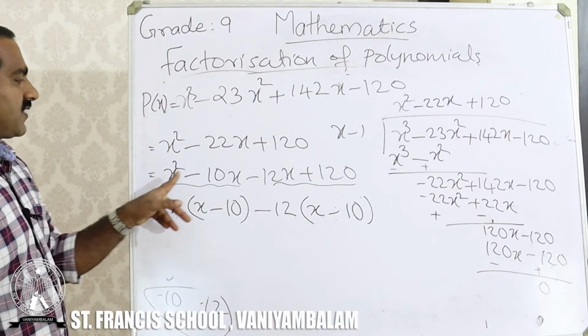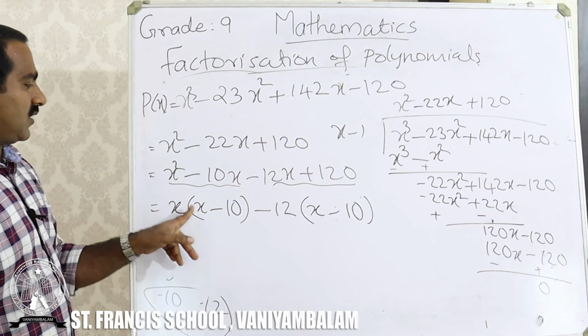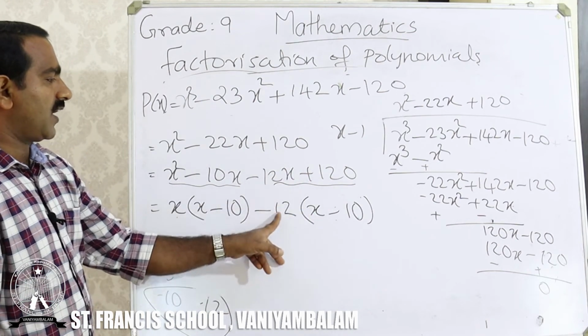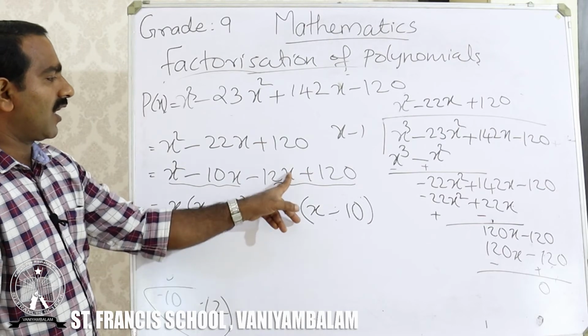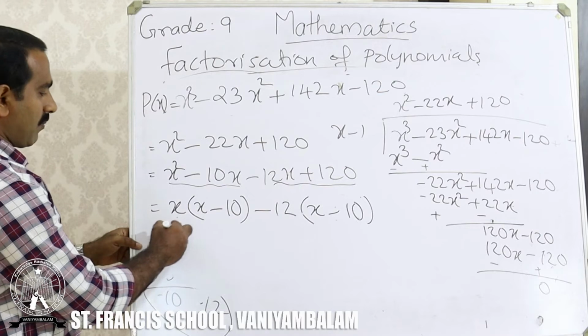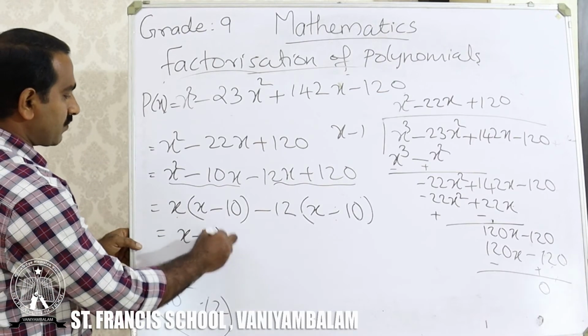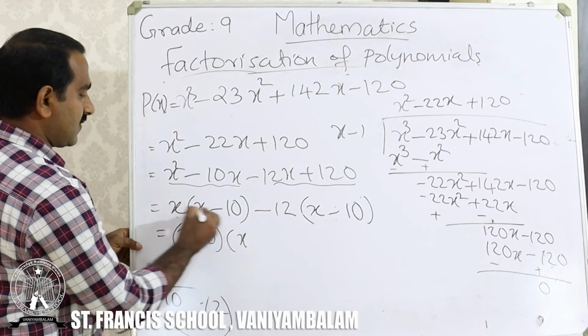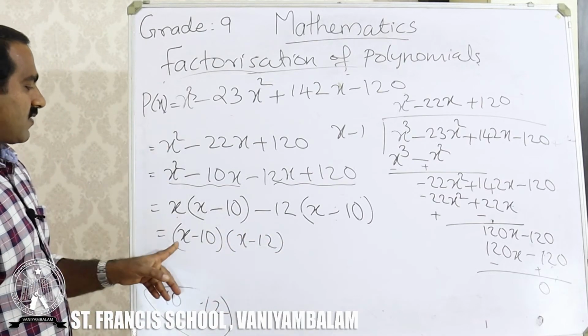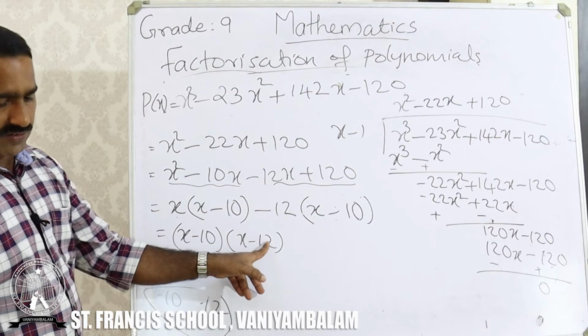Once again, first and second: x is common, x into x minus 10. Third and fourth: minus 12 into x minus 10. Now x minus 10 is common. So x minus 10 into x minus 12. We factorize this quadratic polynomial as x minus 10 into x minus 12.